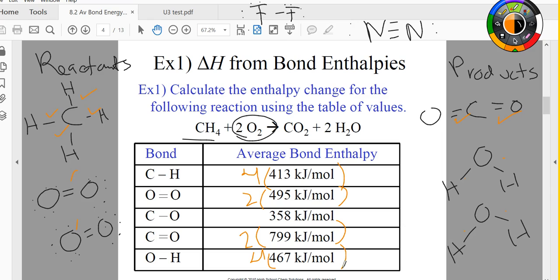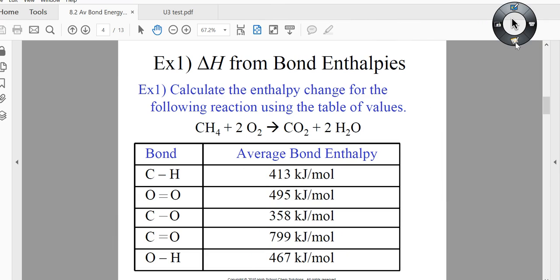Did you get it? Okay, so for the CH4, again, this is broken, or reactants. I have C-H, which is going to be 4 times 413 kilojoules per mole. And then on the O2, I'm going to have 2, oh, not O2, like that.